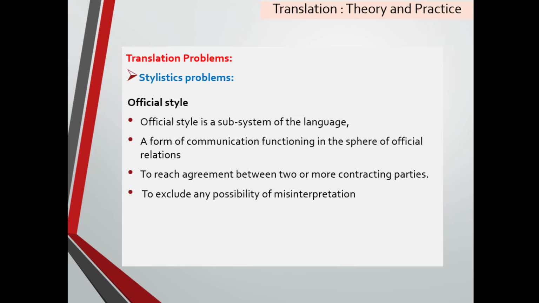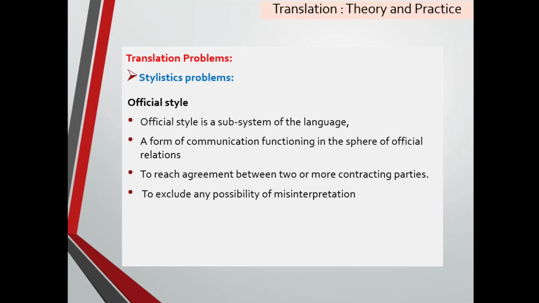Because it is very important and it is official, in the domain of, for example, agreements or signing contracts, the language or the terms of that agreement should be formulated clearly and unambiguously in order to avoid and exclude any possibility of misinterpretation. We know that the language of official documents should be very clear and unambiguous.